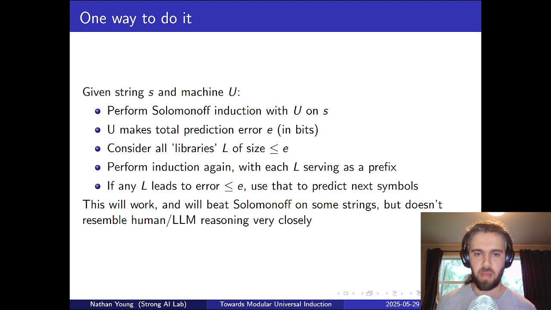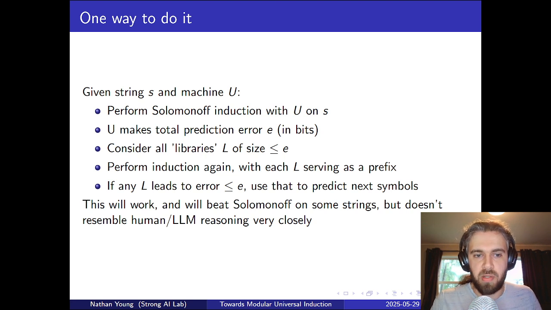Anything larger than that, given as a prefix, will cause U to give a lower probability, but anything that is smaller has the possibility to encode within it regularities in the string that U has not fully updated on.